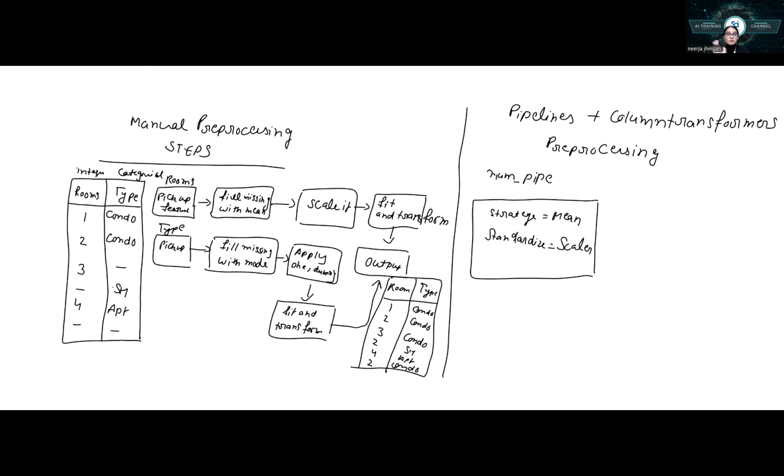Okay. You are not going to do anything right now. You are just collecting the numerical steps, and if there is one more column, even then you can select from the data all number columns or integer data types. If you want to apply the same strategy on all of them, you only need to make this one pipeline. That's it. Just wait, I will show you how it is going to work. And now you can make the same for the categorical pipe. It's the same applicable to the categorical pipe.